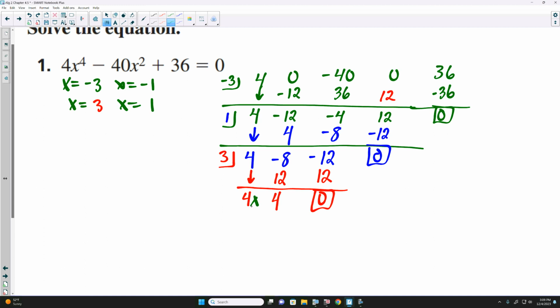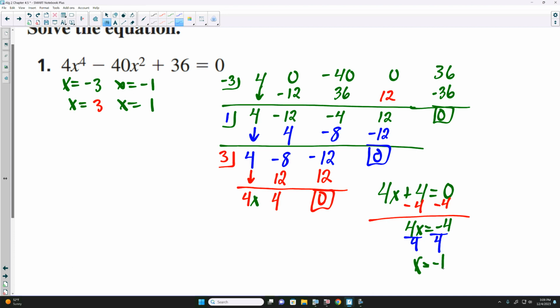At this point here, we can put the variables back in because we're down to a linear expression, 4x plus 4 equals 0. Subtract 4, telling us 4x equals negative 4. Divide both sides by 4, and it tells us x is negative 1, which was our last one we didn't try.